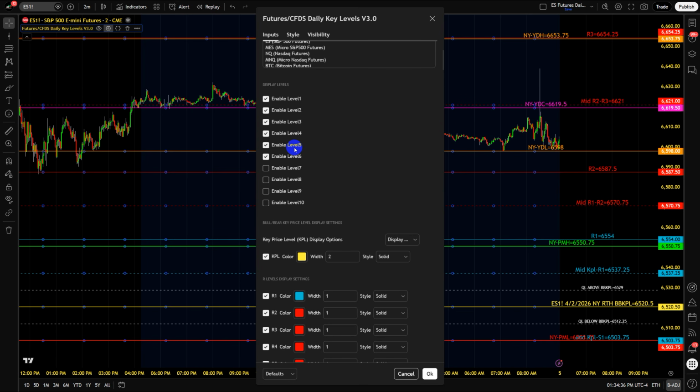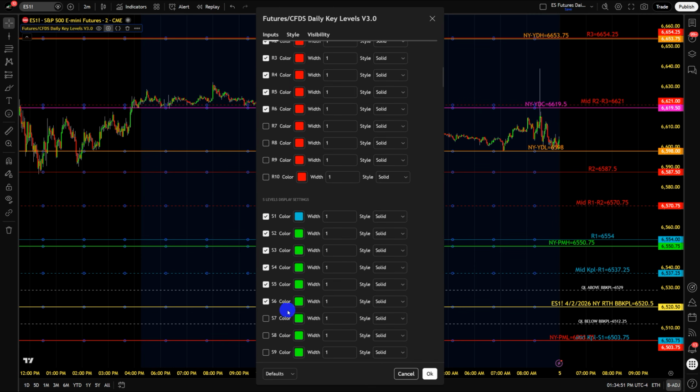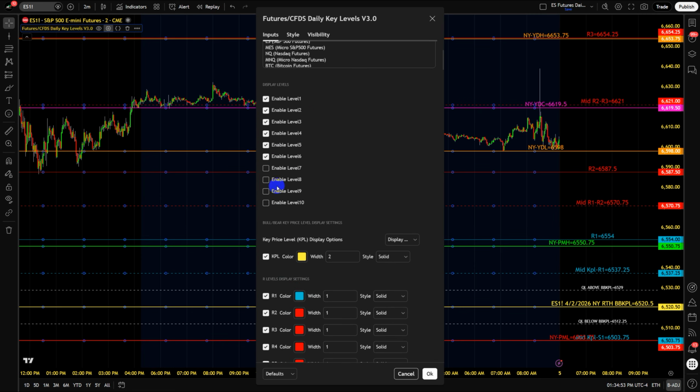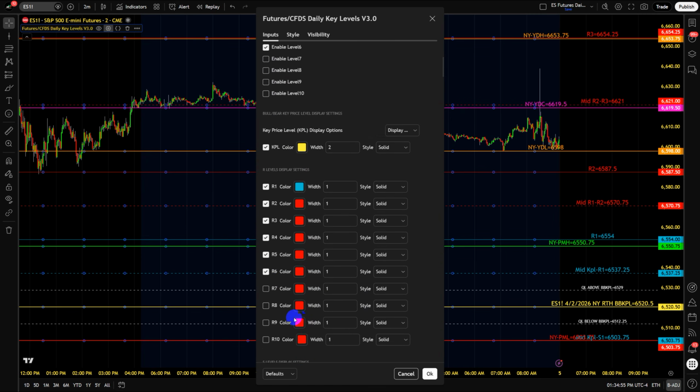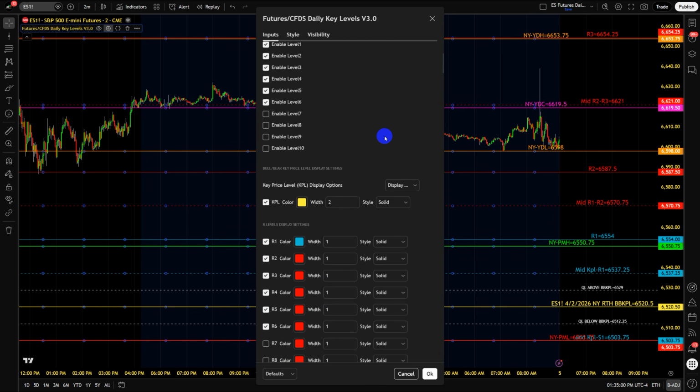So in doing historical session analysis, first off, you decide how many levels you want to take a look at as far as the main key levels. We're just going to do this starting at 6. If you want to look at less, we already went over how to uncheck these here and uncheck these here and here to get to less, or checking more here, and then making sure they're both checked here and here. But for purposes of this video, we're just going to leave it on these 6.